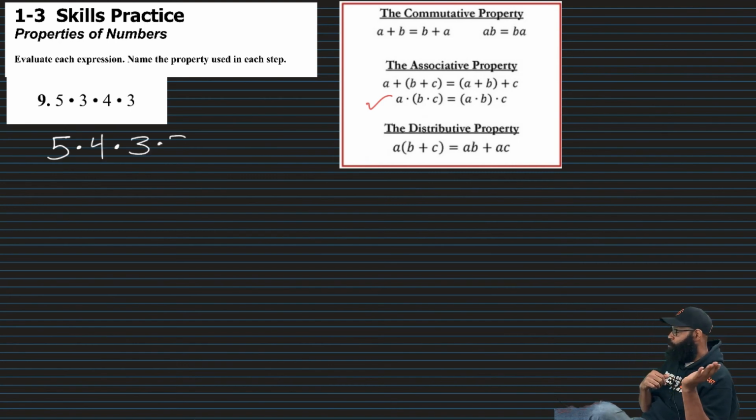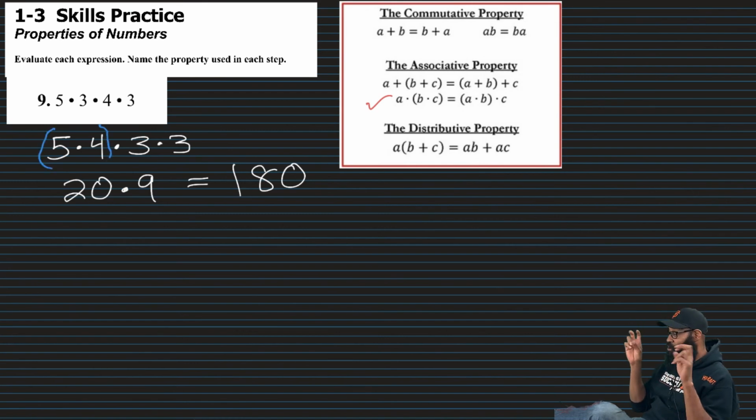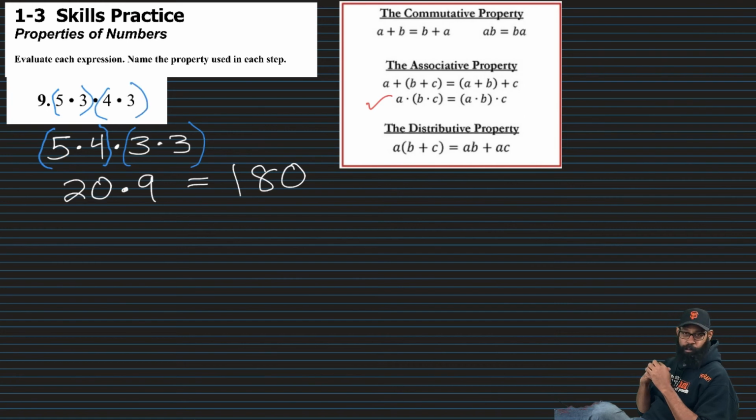Whereas this one is just multiplying across. So I could say the commutative property, moving things around. So I would actually check the other one. But there I go, trying to convince you it's associative, right? I'm grouping the values that are being multiplied. But again, guys, first part, evaluate each expression. I got 180 for that expression.